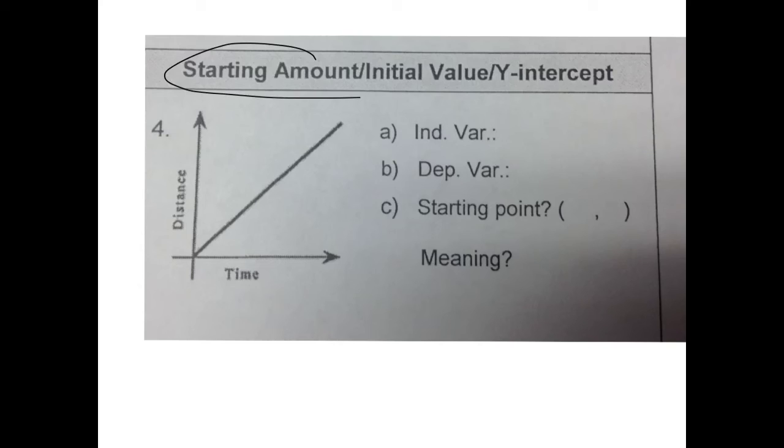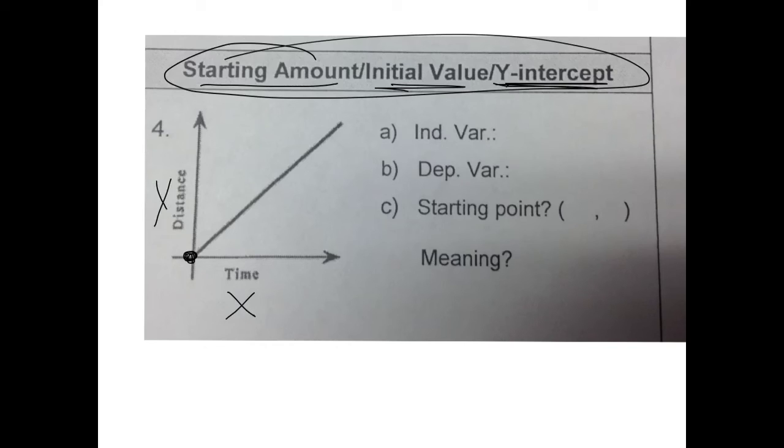This one is more concerned with the starting place, or the initial value, which will later be known as the y-intercept. You'll see that this one starts down here at the bottom. Time is still our x, y is our distance. So that's our independent and our dependent. This is the origin, so our starting point is 0, 0.